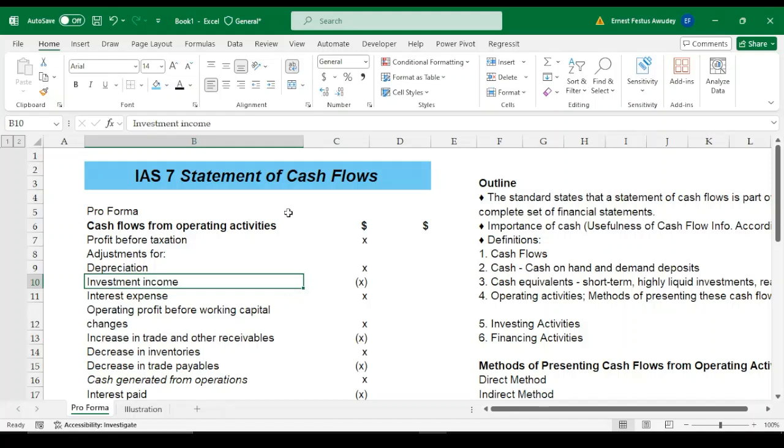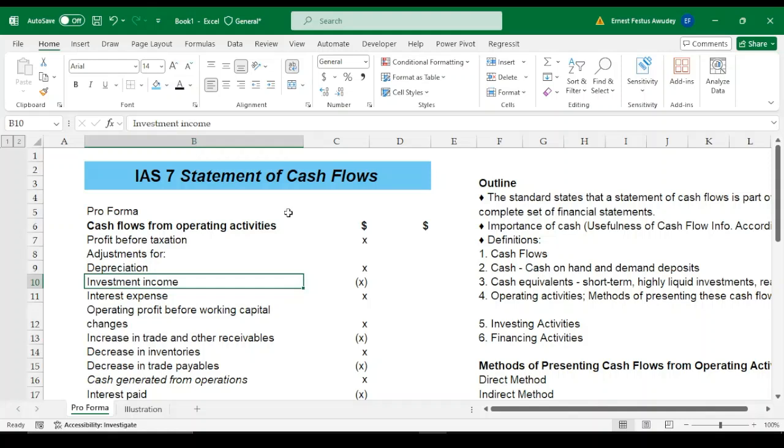So the direct method calculates the cash flow from operations by calculating cash received from customers, cash paid to suppliers, employees and other operating expenses, and then deducting tax and interest expenses to arrive at the net cash flows from operating activities.